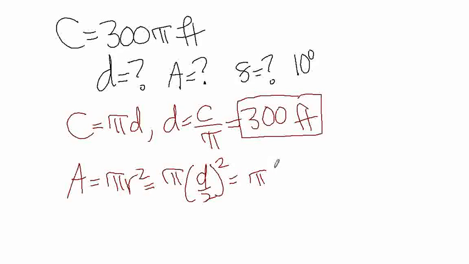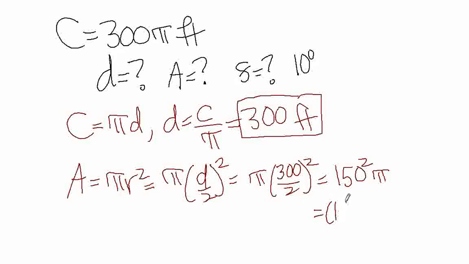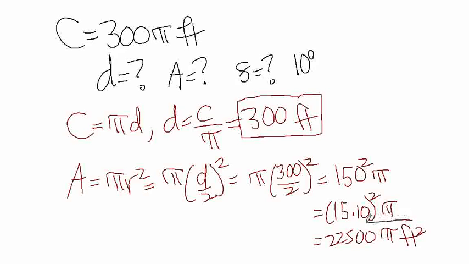So pi times 300 over 2 squared, so 150 squared times pi. Let's see, we can even work that out. 150 is 15 times 10. So 15 squared is 225 times 100 gives 22,500. So we'll go with that, 22,500 pi square feet.